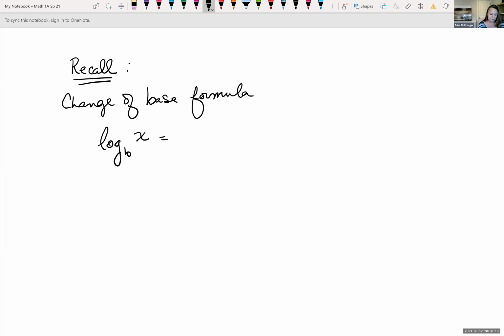Sometimes you would change it to log base 10, but we already know what the derivative of the natural log is. So this is equal to the natural log of what's on top, x, divided by the natural log of our base, b.